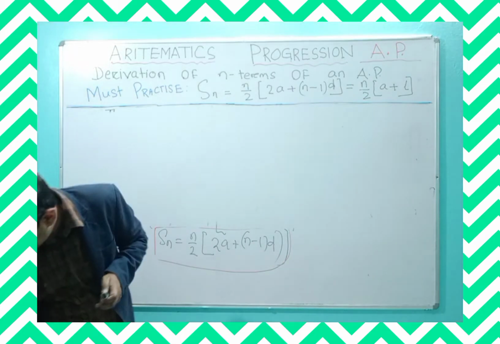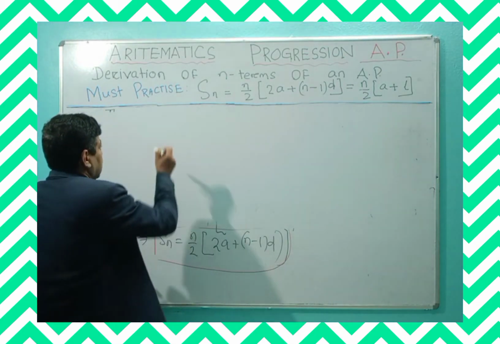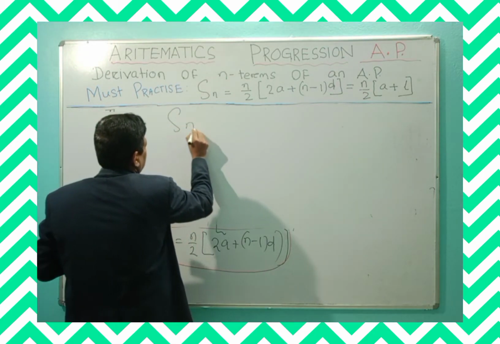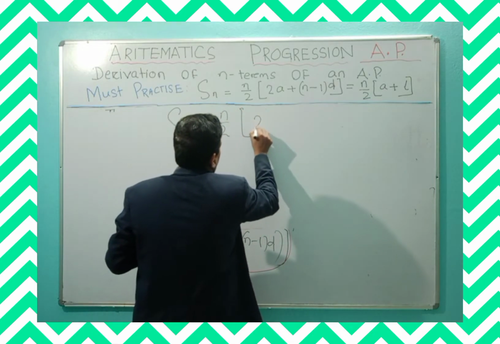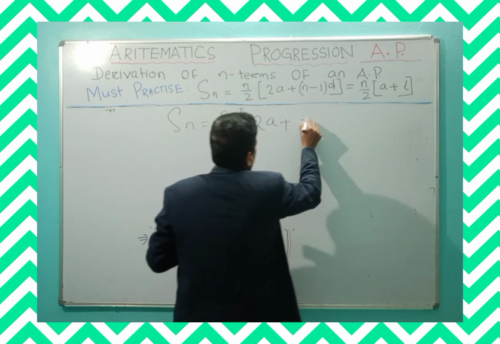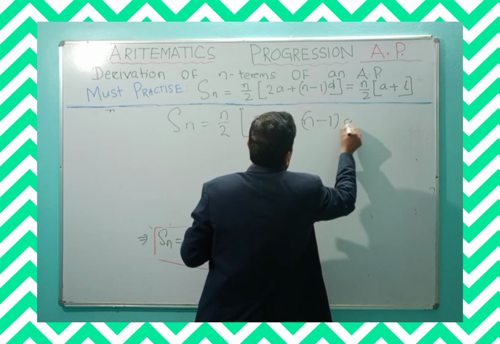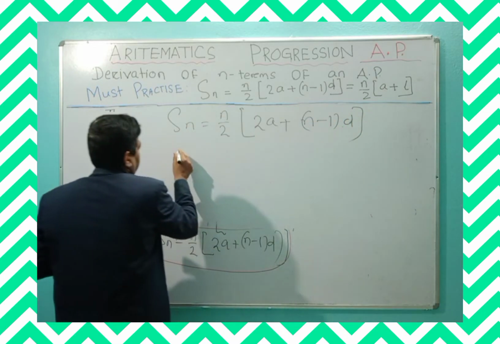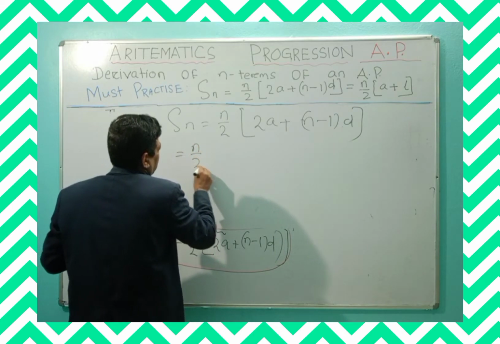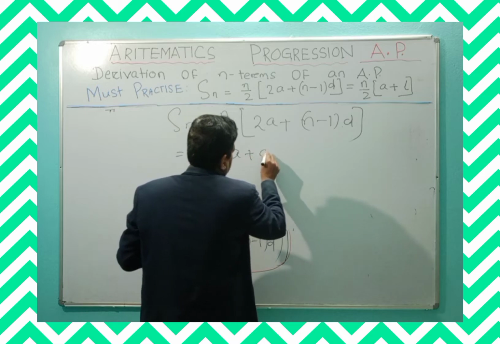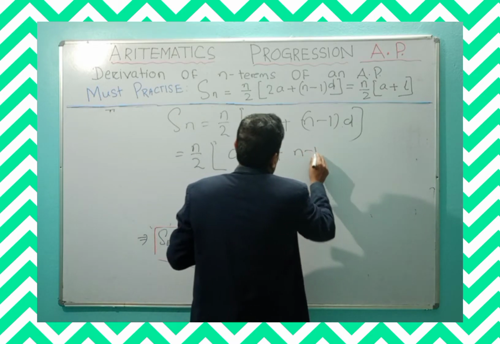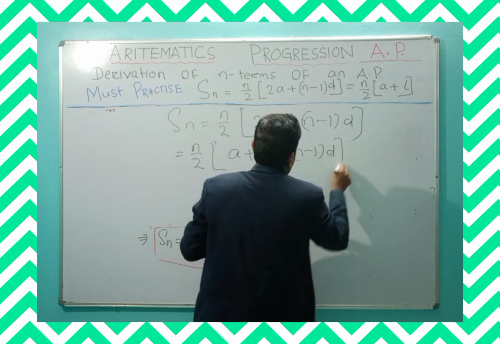Here we have written Sn is equal to n by 2 whole into 2a plus n minus 1 into d. Let us modify this. N by 2, 2a can be written as a plus a, plus n minus 1 into d, right?